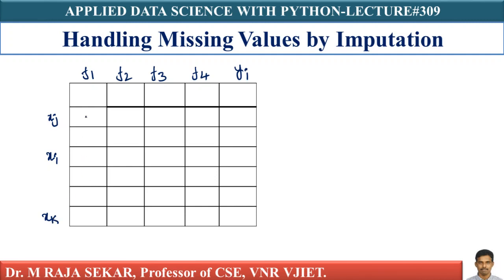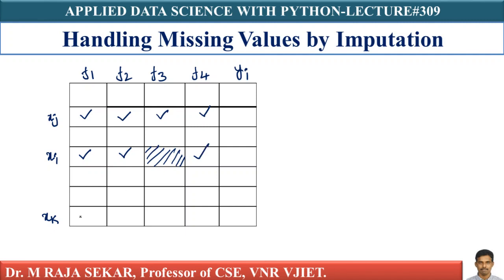For xj, feature 1 is present, feature 2 is present, feature 3 is present, and feature 4 is also present. Whereas in the case of xi, feature 1 is present, feature 2 is present, feature 3 is not present, and feature 4 is present.